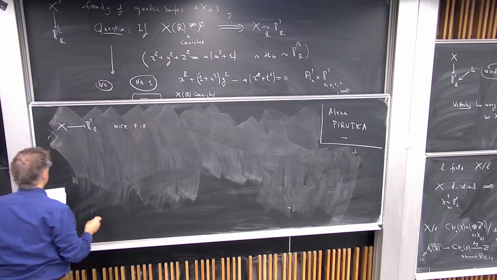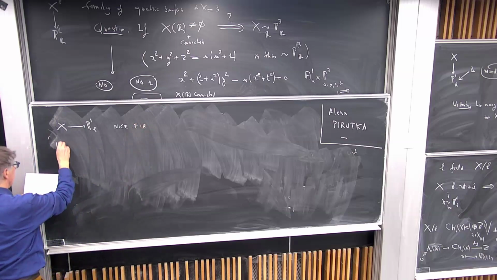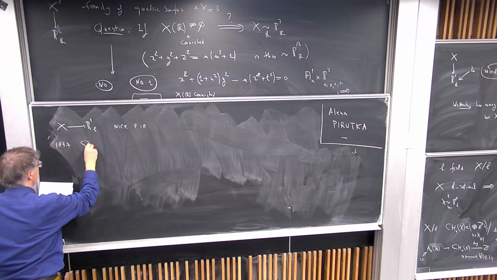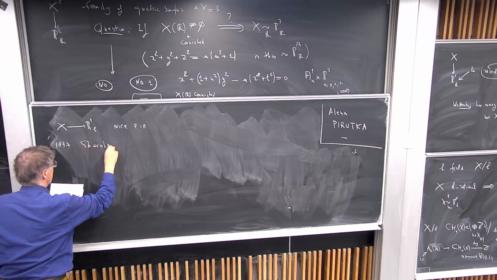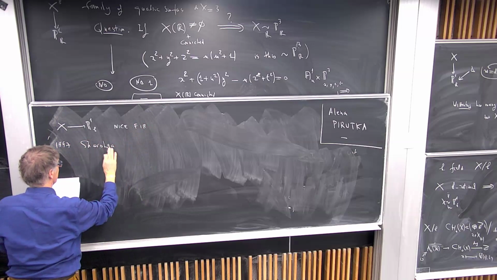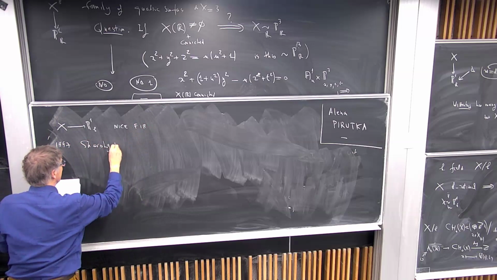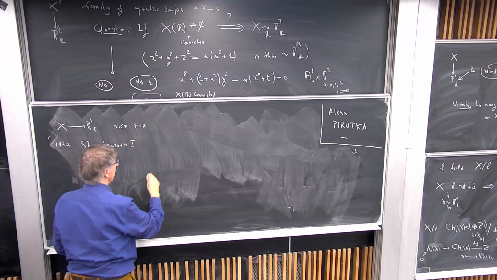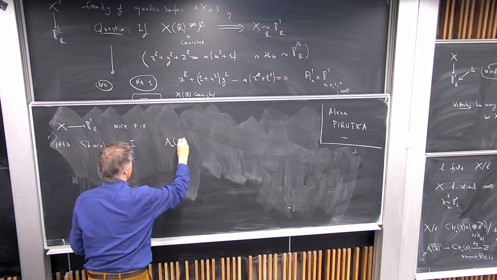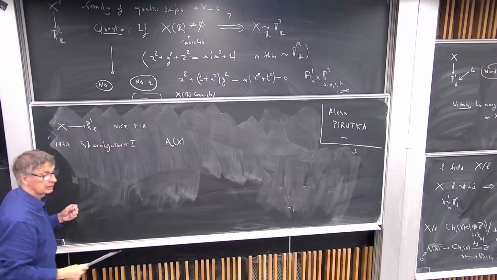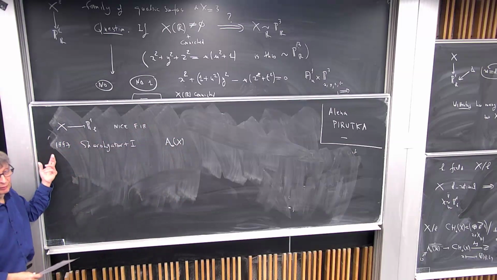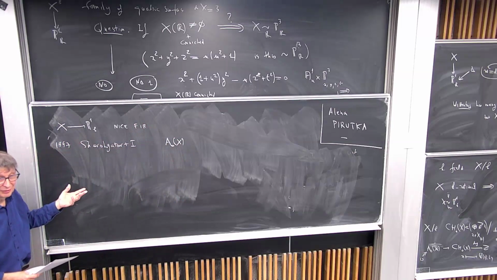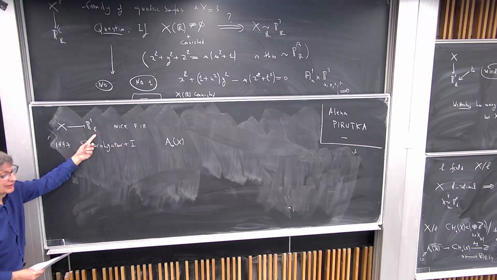Then back in 1997, Skorobogatov and I investigated the group A0 of X over K. We were interested, in fact, in what happened over a number field. But today, we're going to look at what happens when, instead of taking the number field, we take the function field of X.